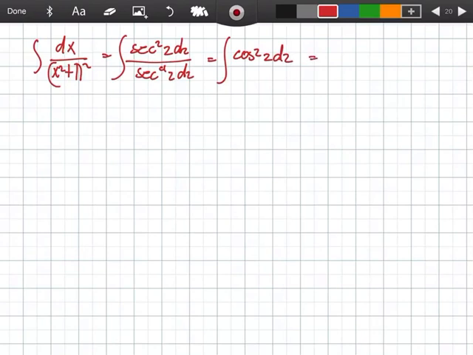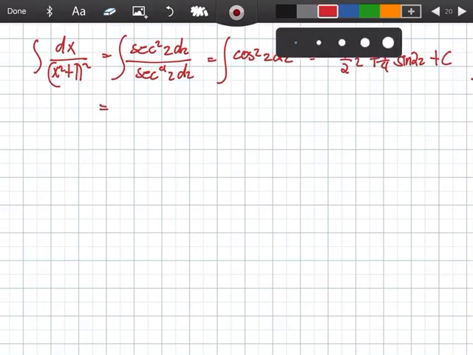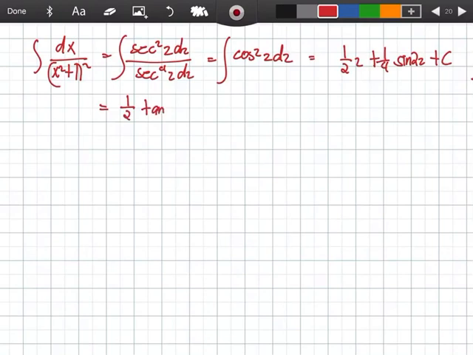From our formula, it becomes 1/2 z plus 1/4 sine 2z plus c. It is no longer an integral, because that is already the answer from our lesson on trigonometric functions. 1/2 z. So, what is z, class?